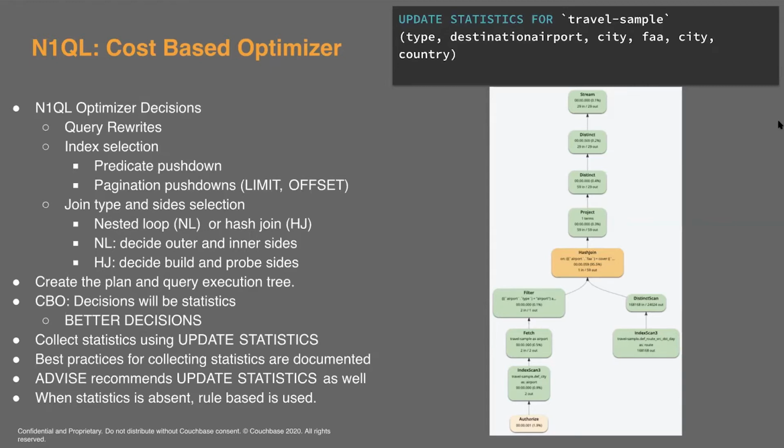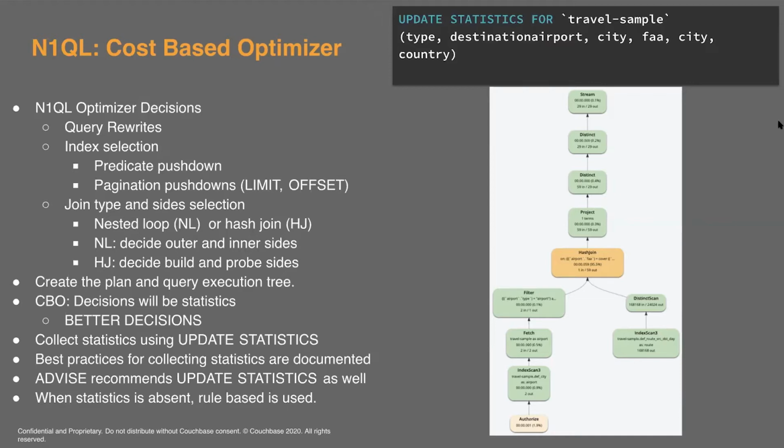In the rule-based optimizer, these were done based on rules. Here, the cost-based optimizer considers the cost of pushing down each predicate, and it selects the index where we can maximize the use of the index for the predicate pushdown as well as the aggregate pushdown.